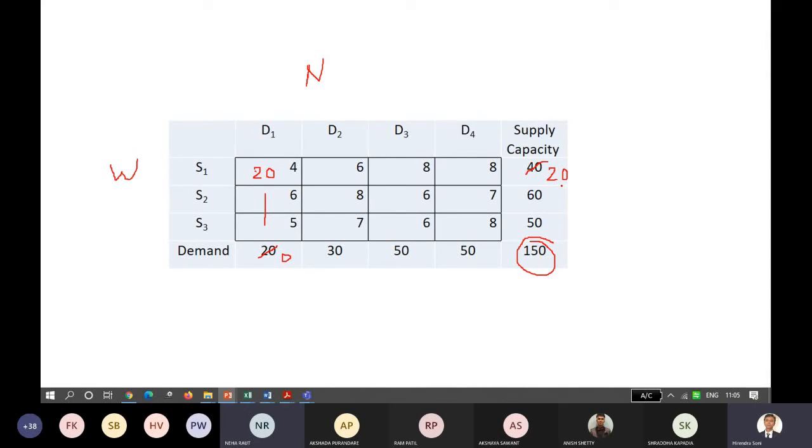Now, since S1 has supplied to D1 all the 20 units required by D1, the demand for D1 has been exhausted. It has become 0. So they don't need any material from S2 and S3 now. So I have just crossed out these cells and I'm not going to use them for further allocation. Are we okay up to this?